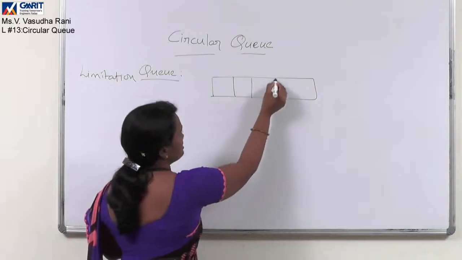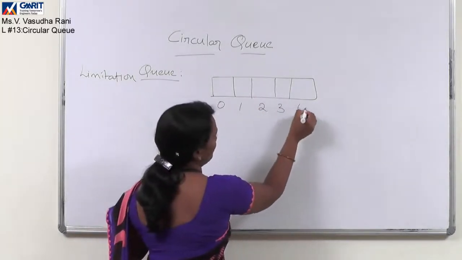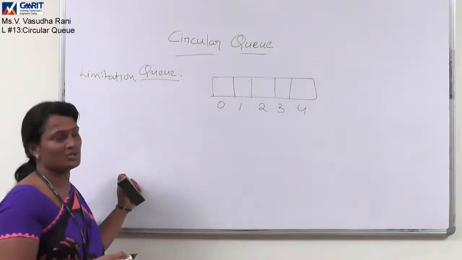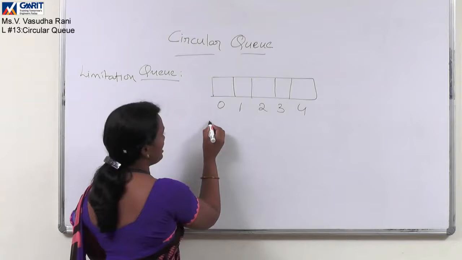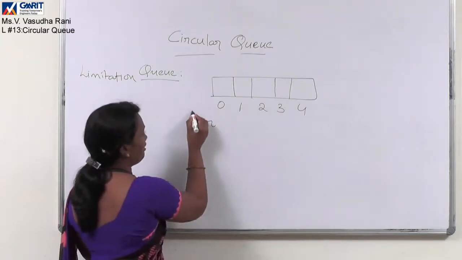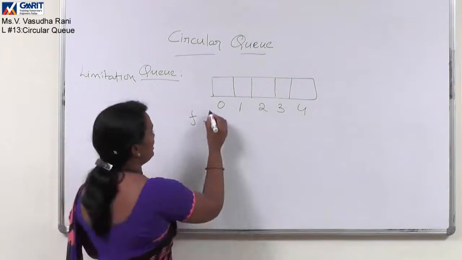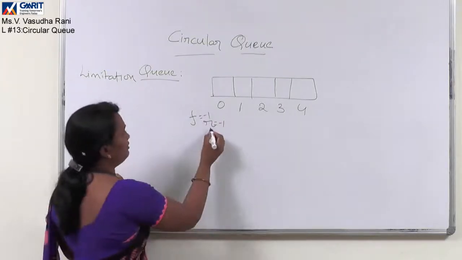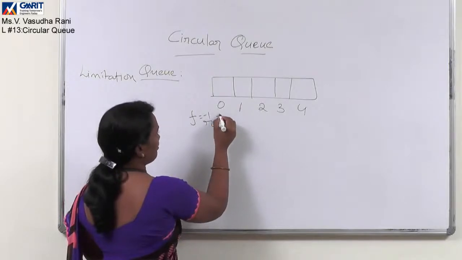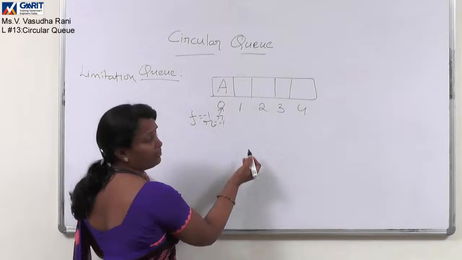If you consider this queue with 5 elements, 5 locations, insertions are possible using the rear end and deletions are possible with the front end. Initially both are minus one, and by making rear refer to 0, we can insert the first element.